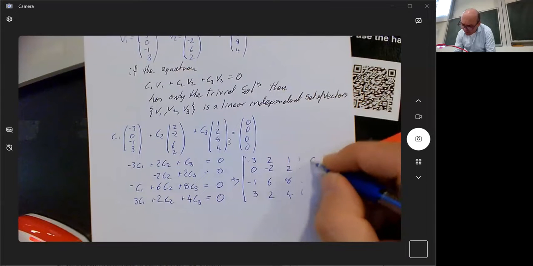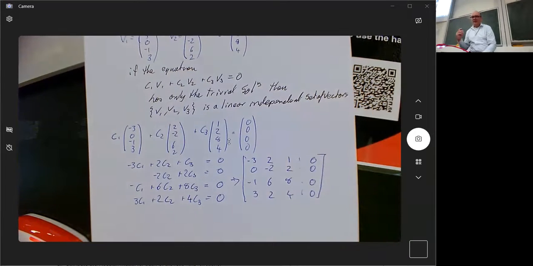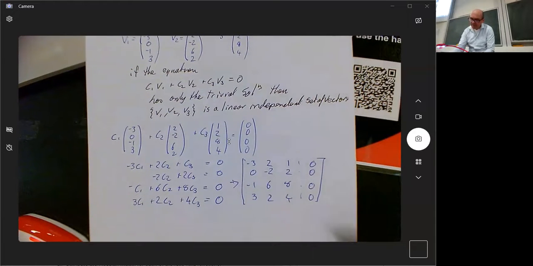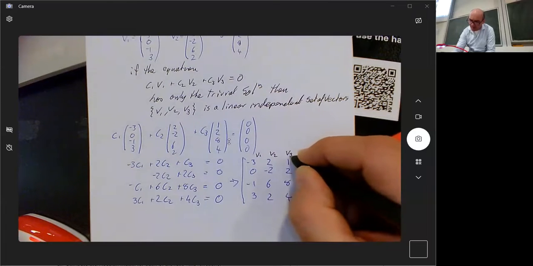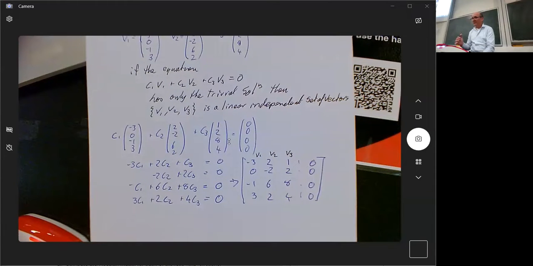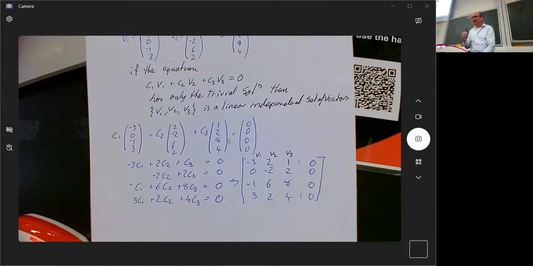And I'm going to make it an augmented matrix by whacking the zeros down the side. Now, the key point about this is V1, and this is V2, and this is V3 as columns. This thing here helps me see that my vectors go into this system as columns. Going to make my life bucket loads easier that way.